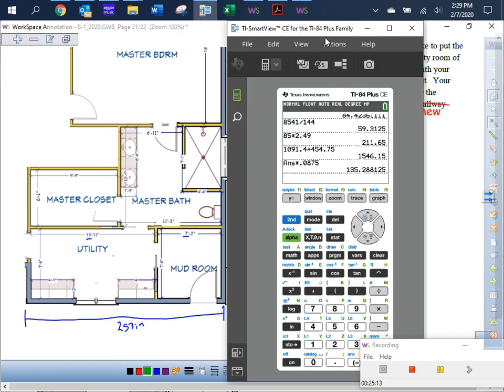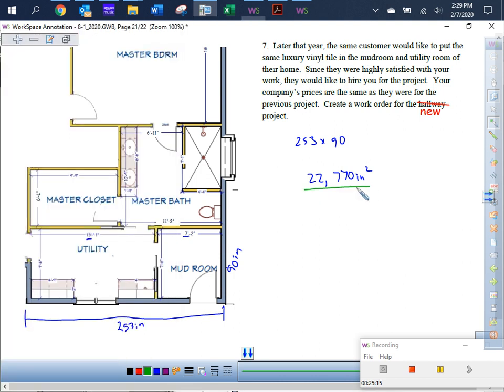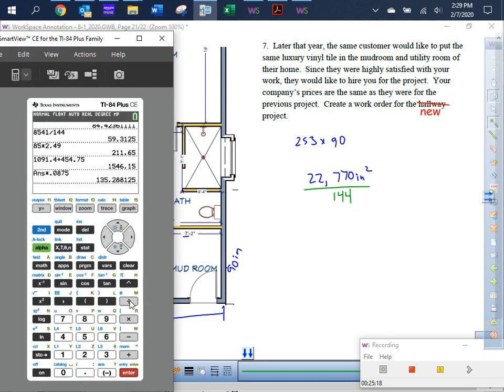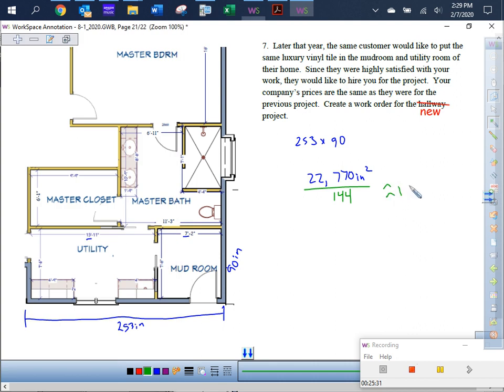It's a good idea to show what you did to change it into square feet, because sometimes we get forgetful. So divide by 144, and I'm going to call that about 159 square feet. That's pretty much what's going on there, right? So that's all I need to figure out.